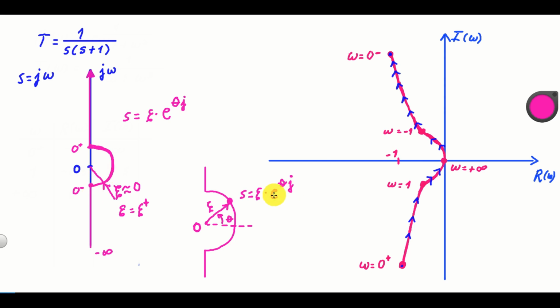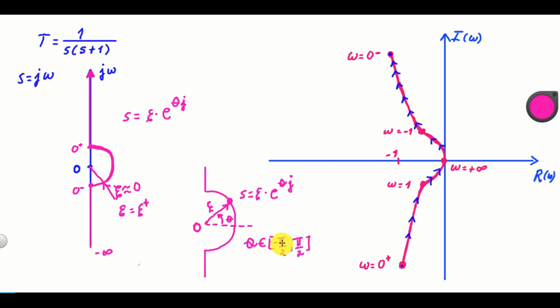Again, this is a zoomed version of this circle. And now you start to appreciate this parameterization. When we are close to 0, our s will not be j omega. Instead, it's going to be epsilon multiplying e to the power theta j, where epsilon is a very small number and theta is the angle. Over here, theta goes in the interval from minus pi over 2 to pi over 2.